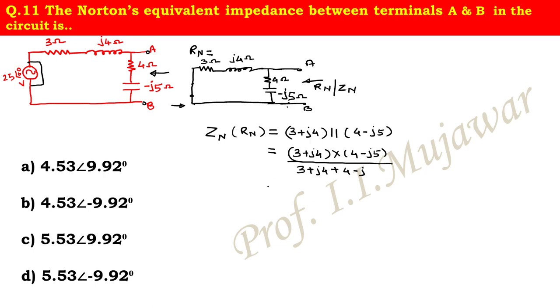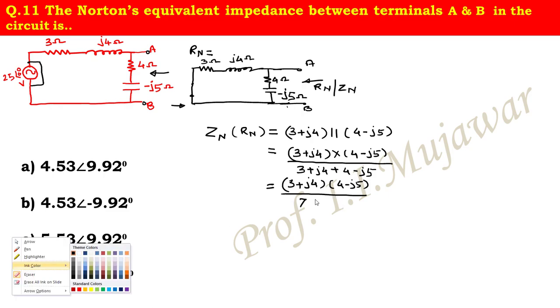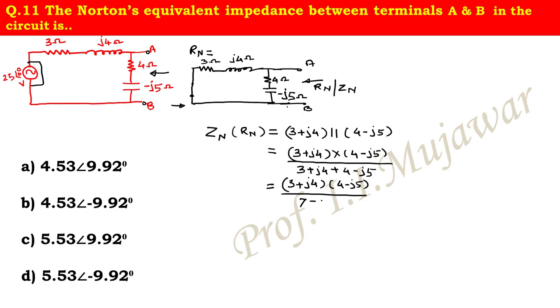So straightaway we multiply this, and we'll use the calculator while simplifying. 4 minus j5 divided by, so 3 plus 4 is 7, 7 minus j5, okay, that means here 7, so it is 7 minus j1. Now, in order to simplify this equation, we have to use the calculator.